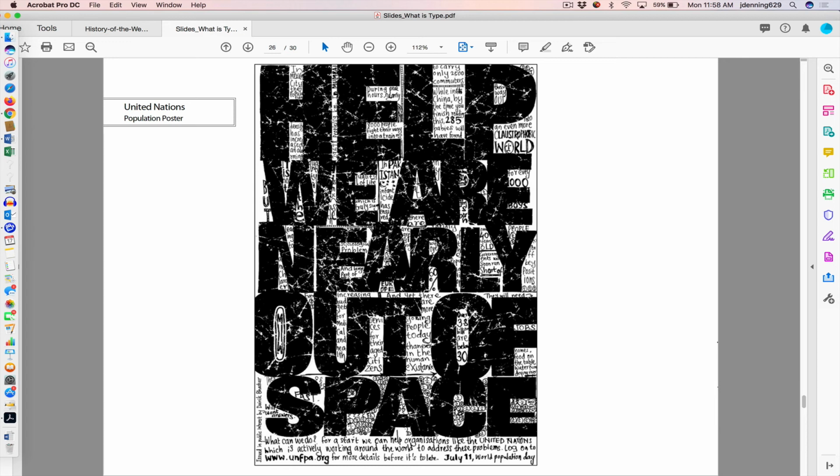Here's a United Nations population poster, and you can see that it's very chaotic, but there's lots of different scales of text in here, where there's some that's really large, some that's really small, some that's hand-drawn. The shapes of the text on top, the black letters, are very crisp and clean and straight, whereas the other letters are much more gestural, hand-drawn.